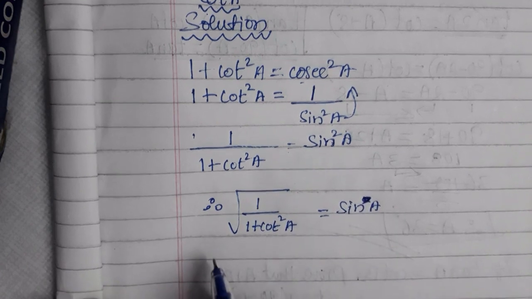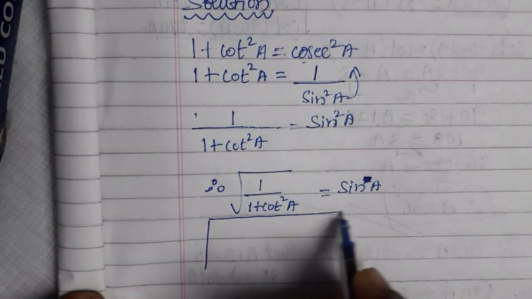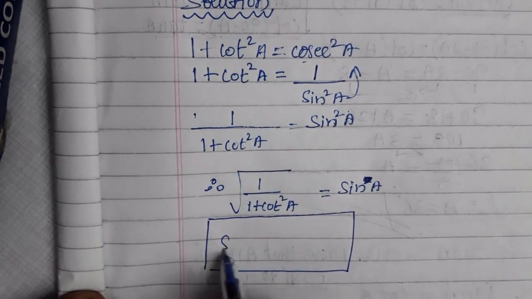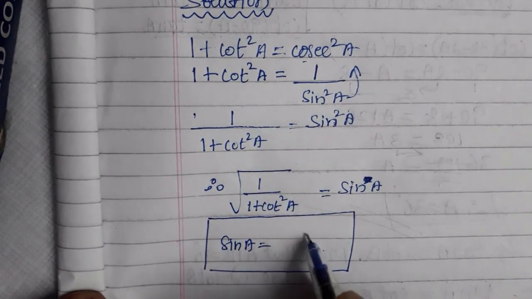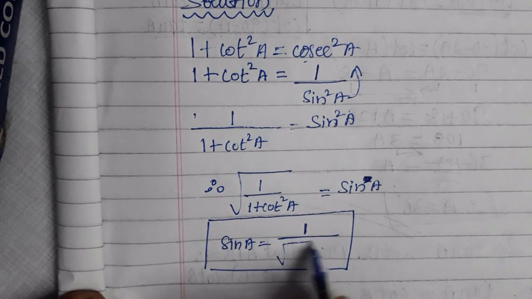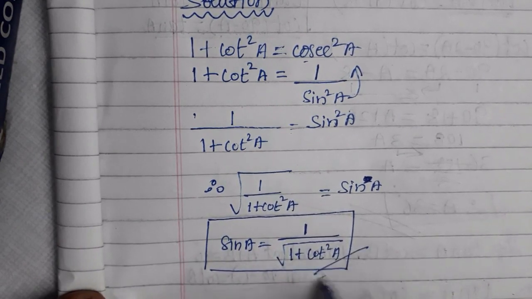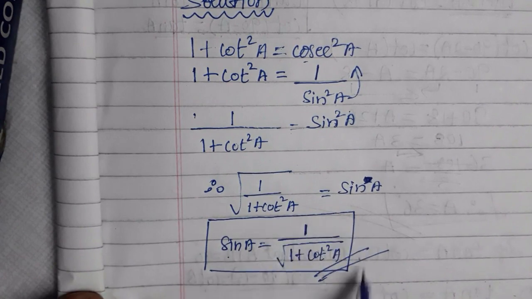So finally, what is the answer you got for sin in terms of cot? Sin A is equal to 1 by square root of 1 plus cot square A. So now sin A is expressed in terms of cot A.